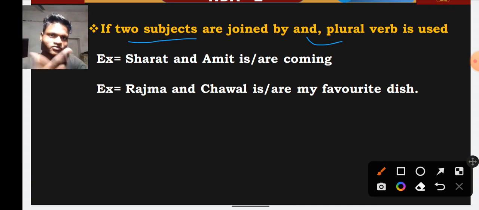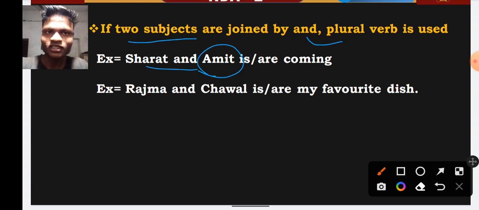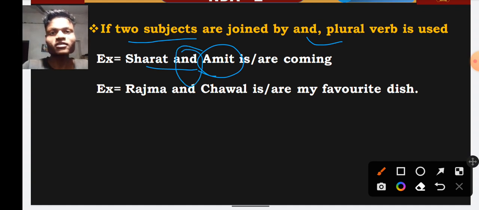How? Then watch. Sharat and Amit. Here are two names, you can say two nouns, Sharat and Amit, connected by which conjunction? And. Then what is right, is or are? Then definitely Sharat and Amit are connected by and.